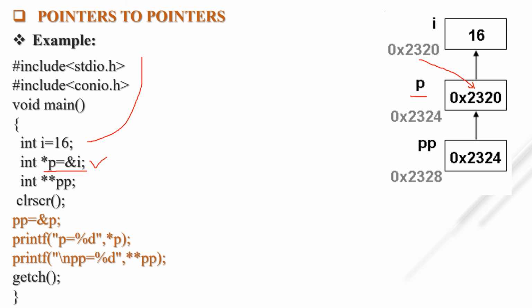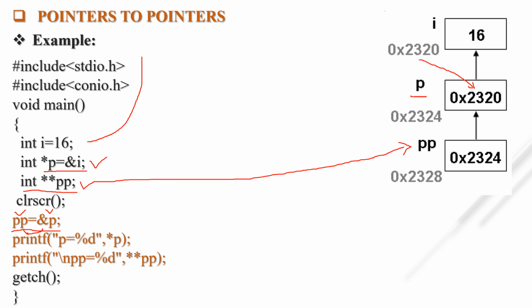Now we are not initializing here, we are simply declaring one pointer to pointer, which is here. And what is the role of a pointer to pointer? It will store the address of another pointer, not a variable. So now what we do, pp equal to &p. p is a pointer and pp is a pointer to pointer, so that it will store the address of another pointer.